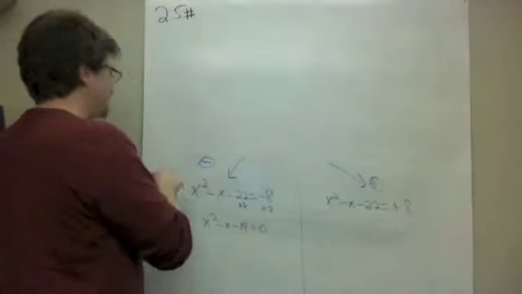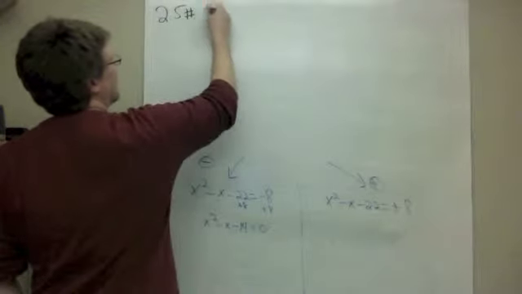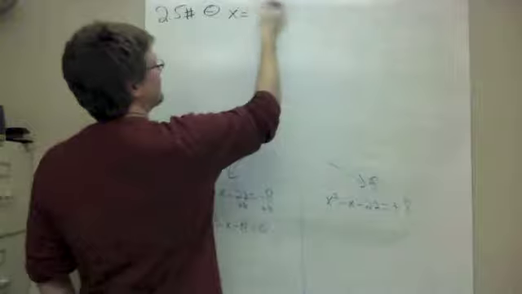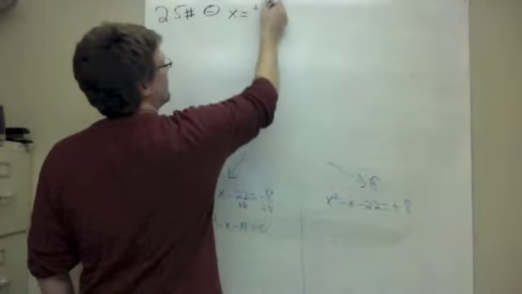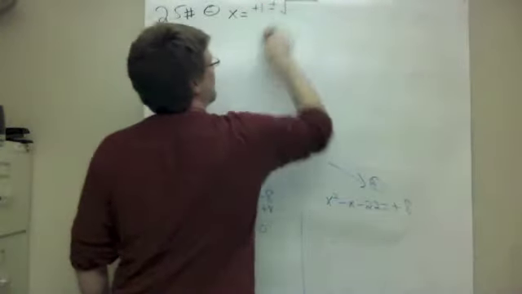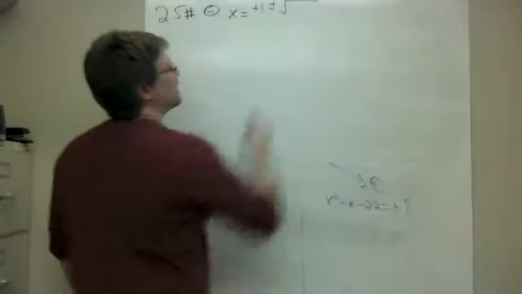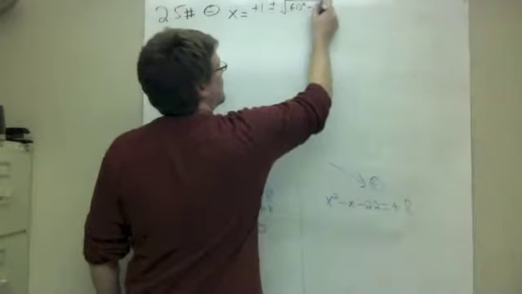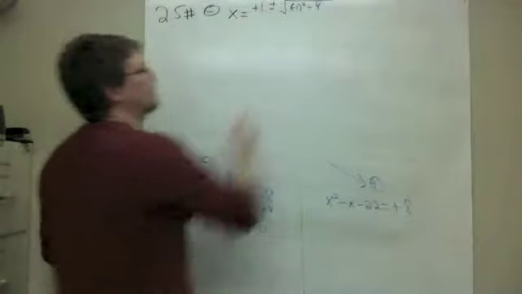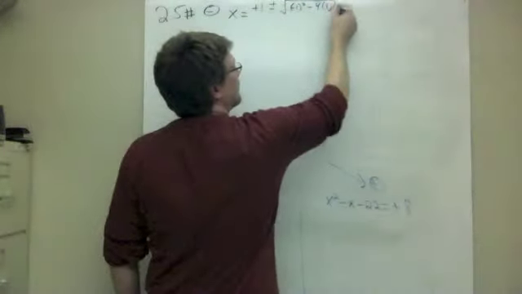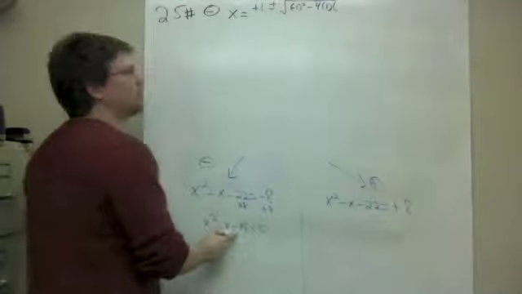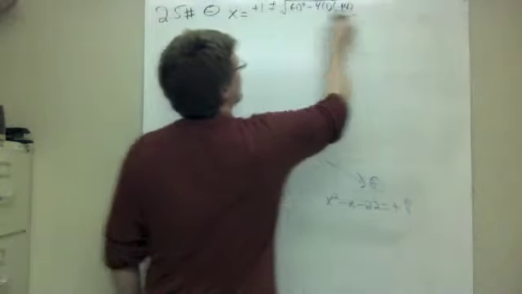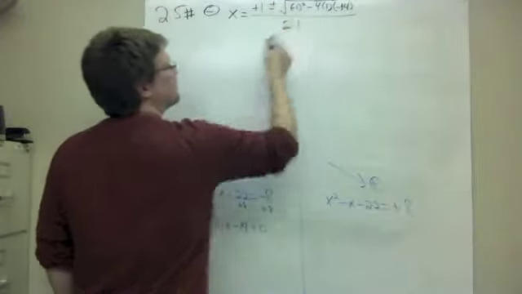So on the minus side, we're going to have x is equal to minus b. Minus a minus 1 is a plus 1. Plus or minus the square root of b squared, which is minus 1 squared, minus 4 times a, which is 1, times b, which is minus 14, all over 2 times a, which is 2 times 1.